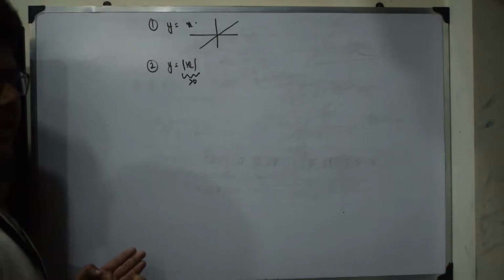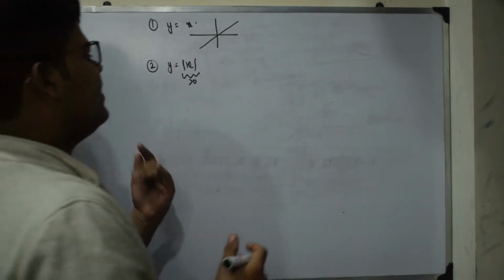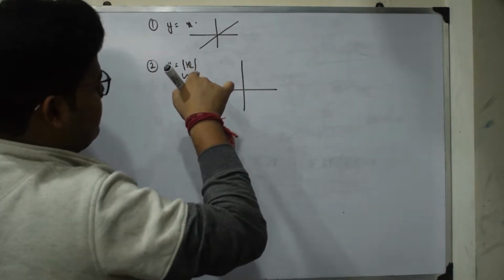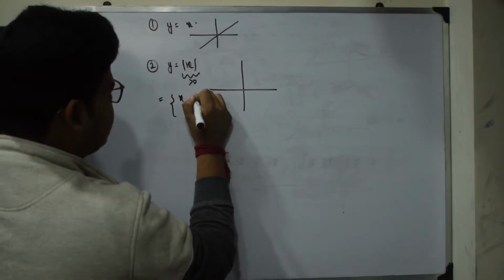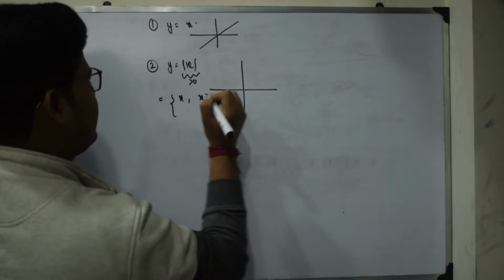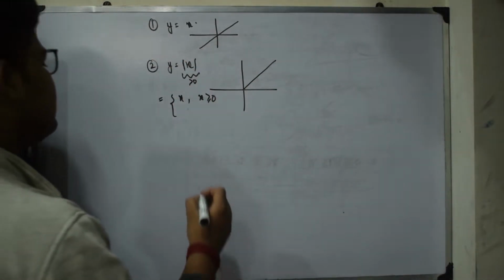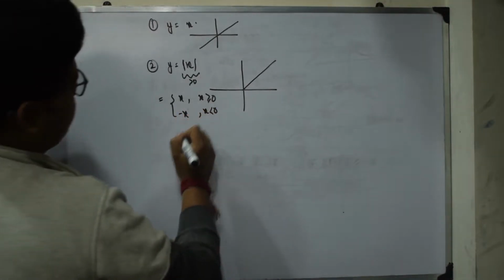Whatever be the value of x, whether negative or positive, it always gives a positive value. Like if x is greater than 0, this comes out as x, the graph is like this, and if x is less than 0, it comes as minus x.